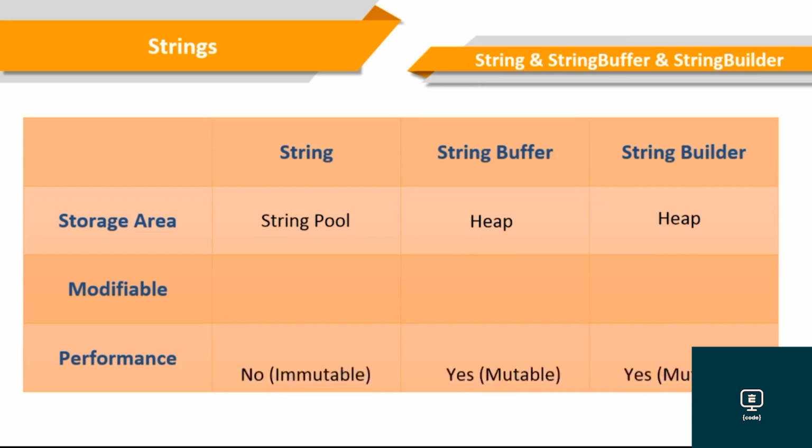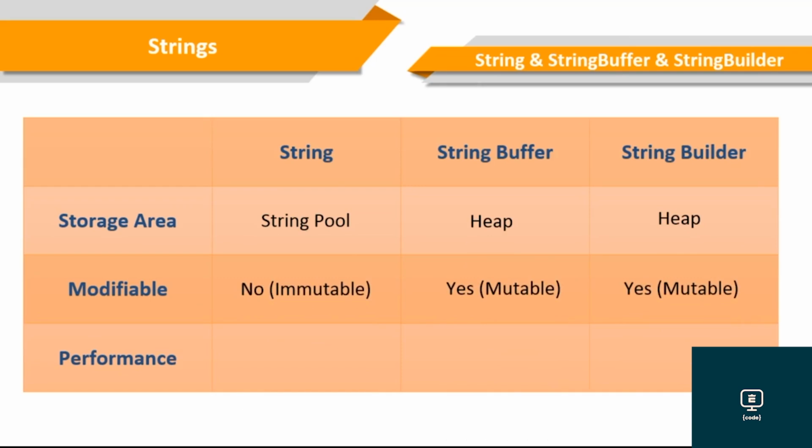The string object is immutable in Java, but the string buffer and string builder are mutable objects. The performance of string and string builder is fast, but string buffer is slow. Because, do you remember? String buffer is a synchronized class.